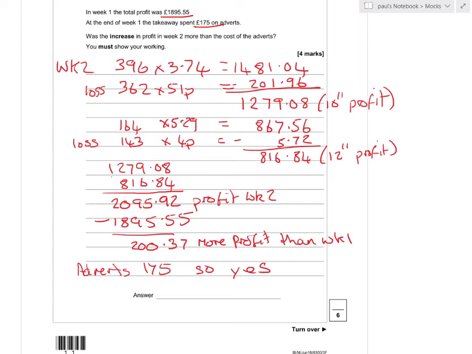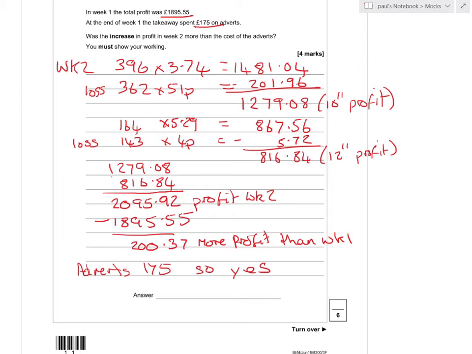Don't know whether I've got these numbers right. So many numbers on this. Total week 2 profit, total 1 profit, and the cost of the adverts. Total 2. $2,070.